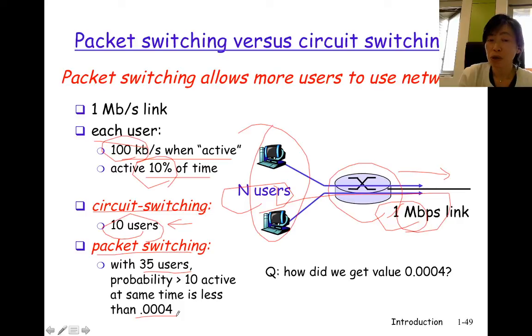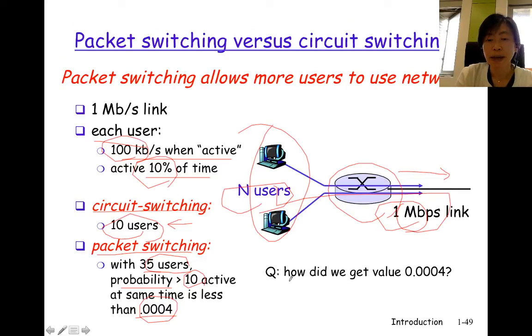There's not going to be collision because the probability of having more than 10 of the 35 users active at the same time is very low, lower than 0.04% of the time. Okay, let me put it that way.